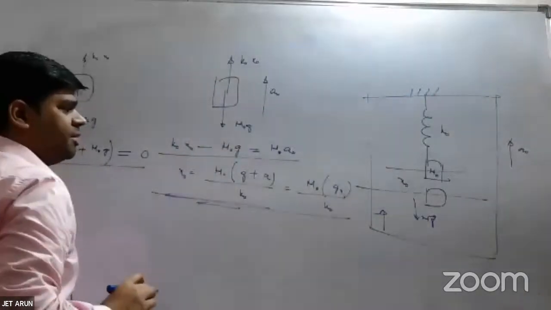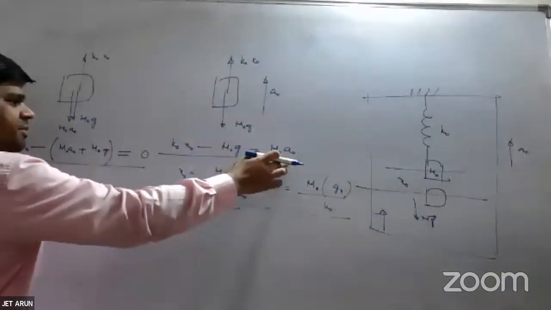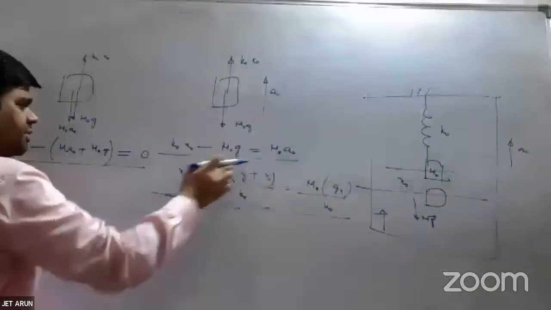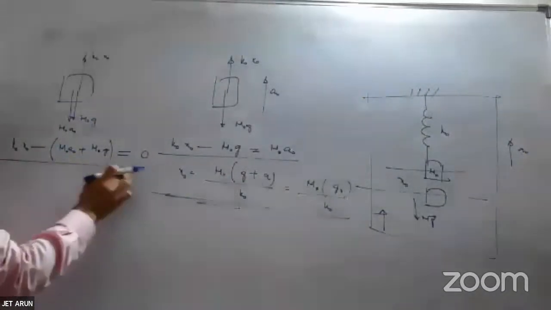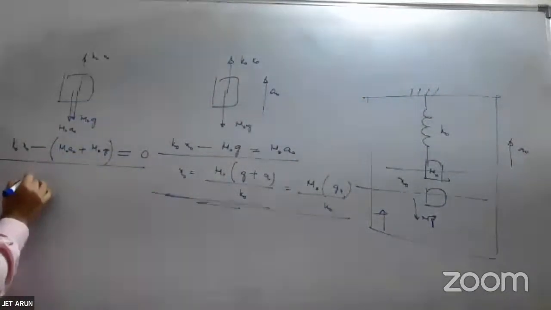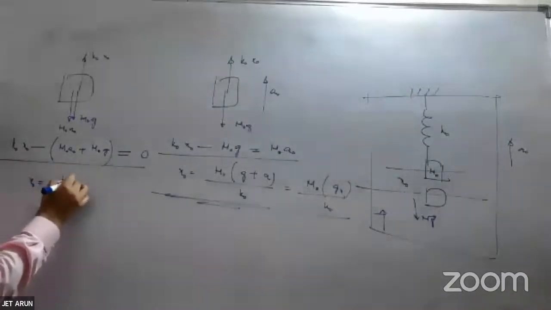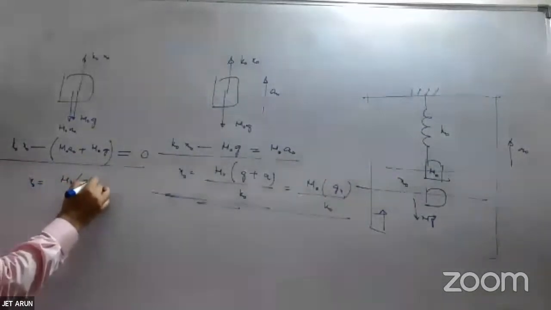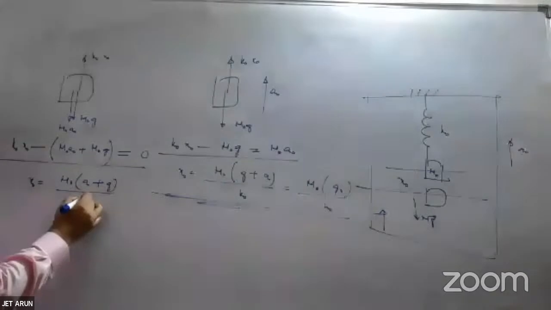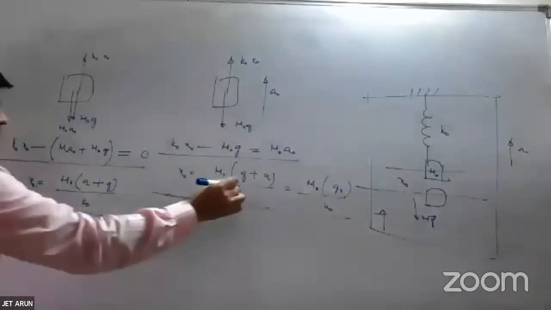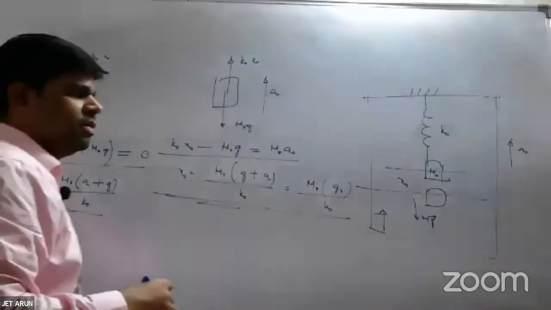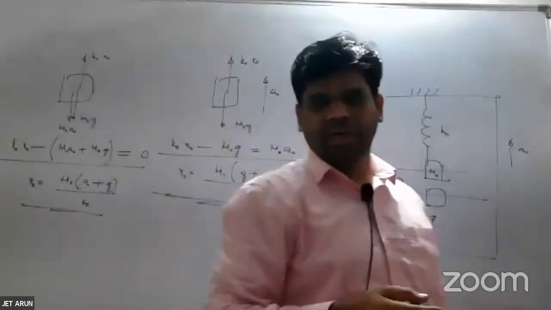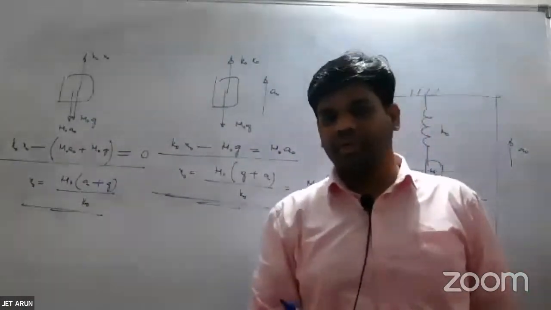Net force is resulting in acceleration, but here net force is 0. That's why acceleration is 0. So I'll have x naught is equal to m naught into a plus g by k naught. I get the same extension whether I choose reference frame as ground or reference frame as lift.